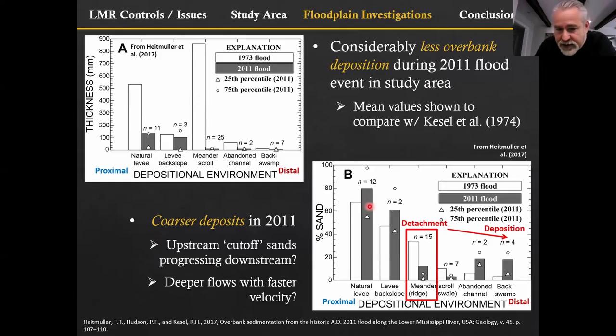We also see that, generally speaking, around natural levees and in distal environments, our sediment samples were coarser by a little bit and had greater percentages of sand in them.